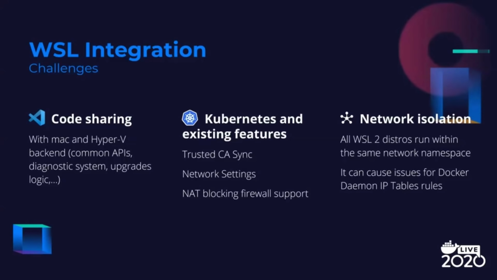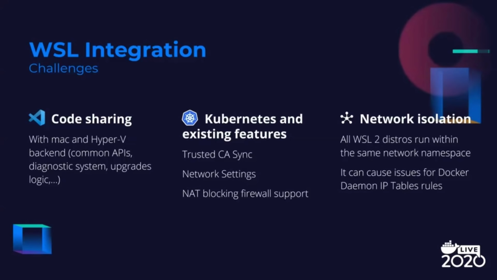And last but not least, when we first did experiments with WSL2, we found that every WSL2 distro runs in the same network namespace, which is really cool for many scenarios, but it can cause issues for the Docker daemon, because Docker does a lot of things related to IP tables, and it does not really support conflicting rules and things like that.